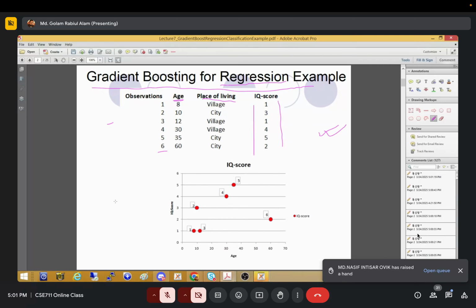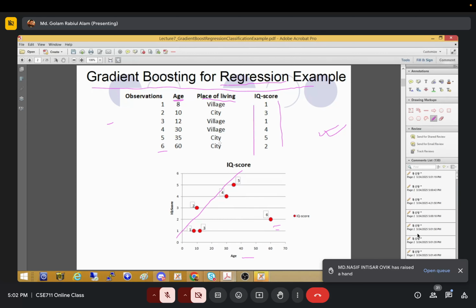If we look at age versus IQ score, even though we have a very simple, small data set, we can see that any kind of linear regression is maybe not perfect for this data set, because we have some observations on the other side also. So for this kind of data set, nonlinear regression will be better, like gradient boosting, which is a nonlinear regressor.